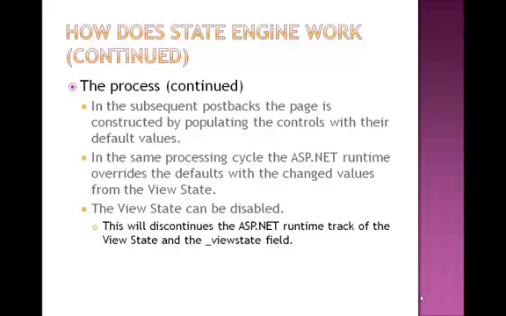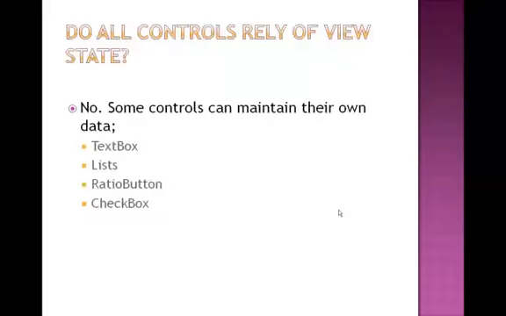The page gets requested, the default values will be reloaded, the view state, the C# code will be processed, and the default values, if they have to be repopulated using the C# code, will be done, and the view states will be uploaded, and then the view states will be processed to reload the server control values or other control values. And if they are disabled, then the view state field for those particular values will not be created.